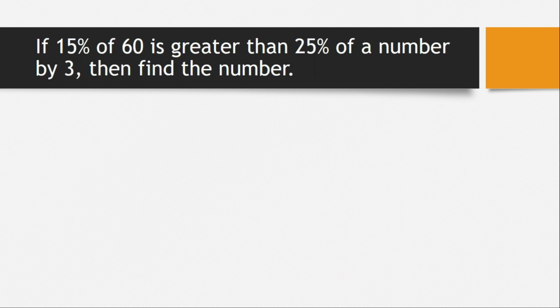Now, if 15% of 60 is greater than 25% of a number by 3, then you have to find out the number. Here the number is not given, so we have to assume the number as x.